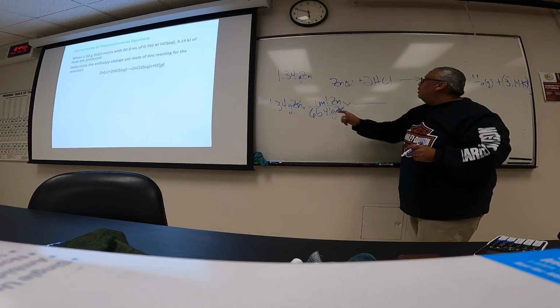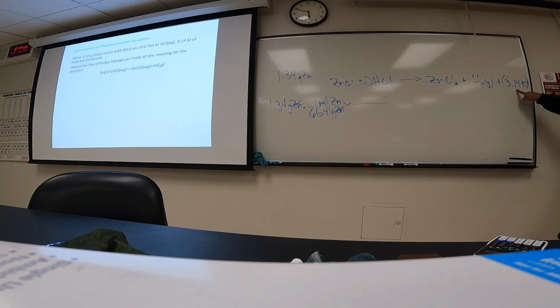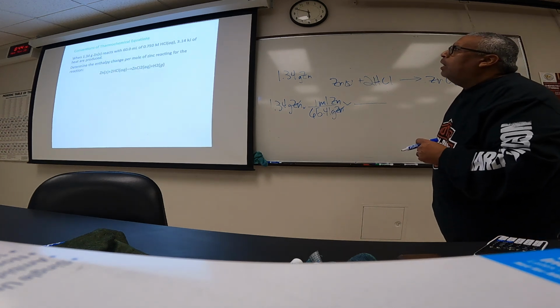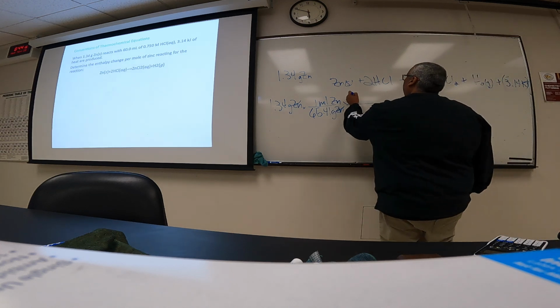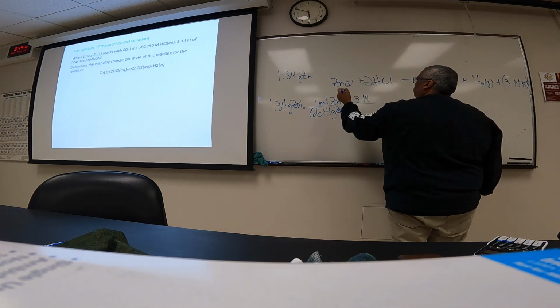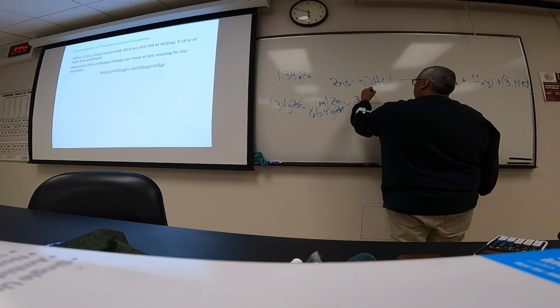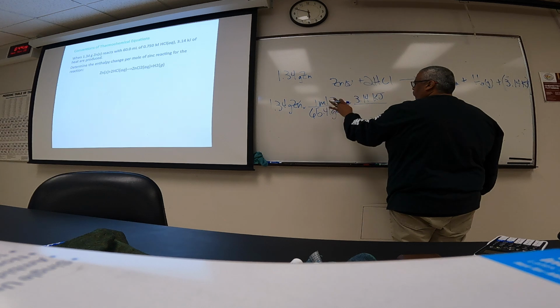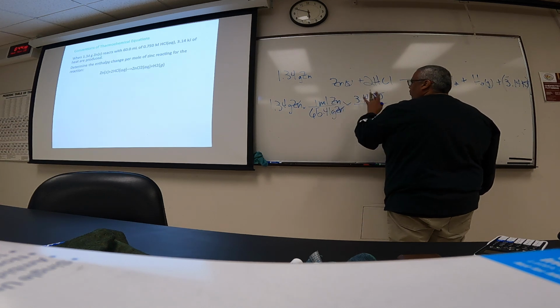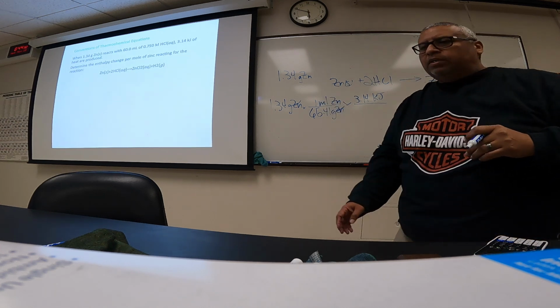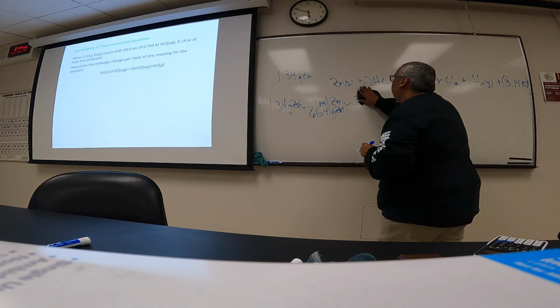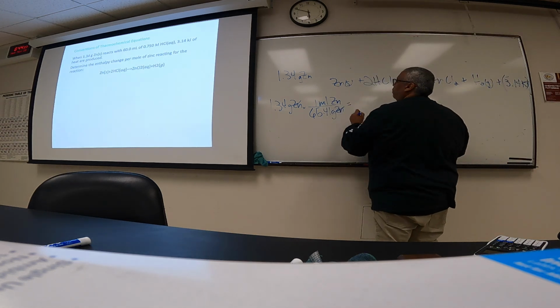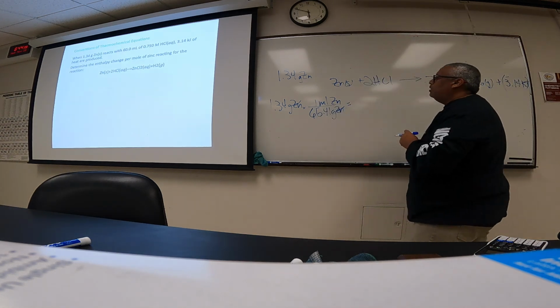We have moles of zinc, and I know how much the reaction is going to produce here. Nope, I jumped the gun. Let's calculate this first. What is 1.34 divided by 65.41?